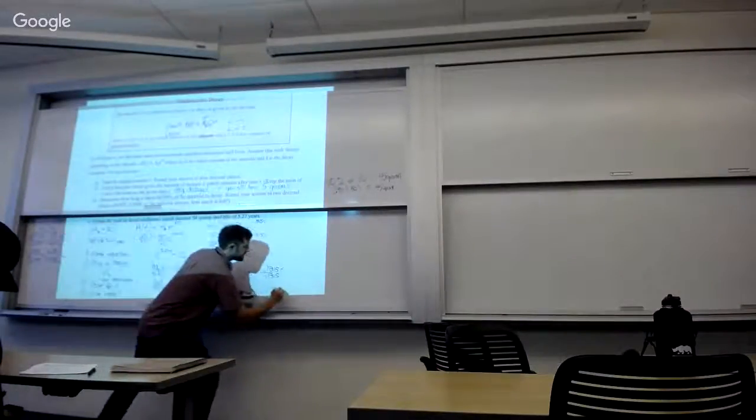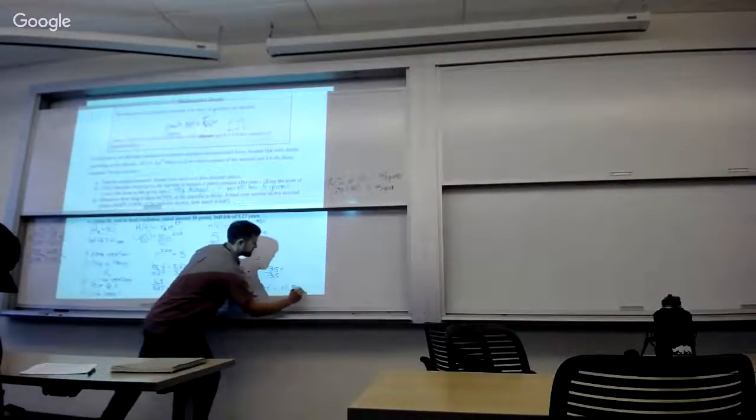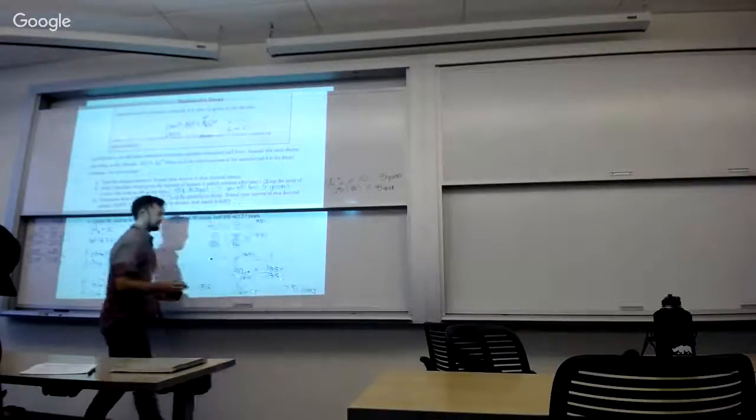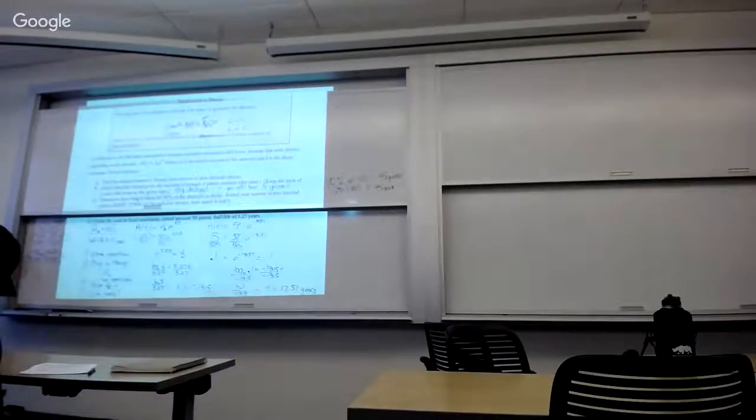Did anyone else get 17.51 years? Yeah, that's not bad. That's right in the ballpark of what we were guessing. We said 17, 18, somewhere there. It said round your answer to 2 decimal places. So there we go, 17 and a half years.